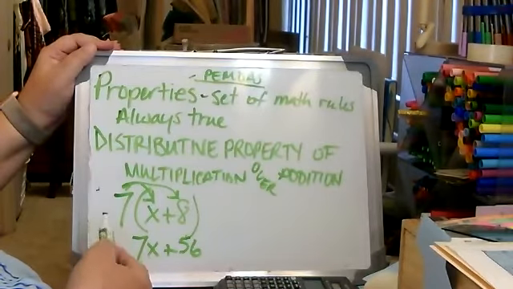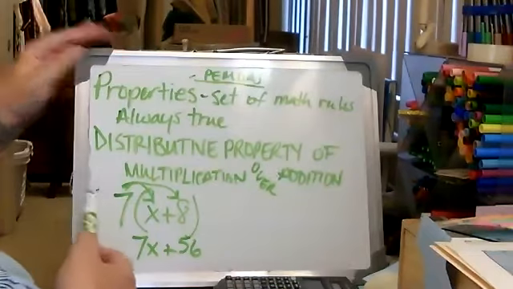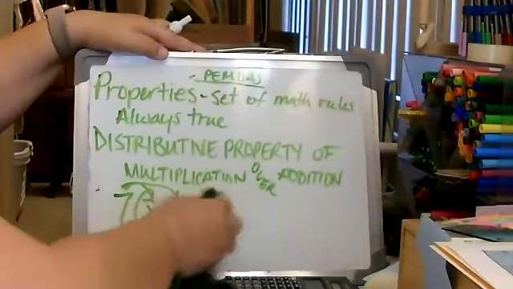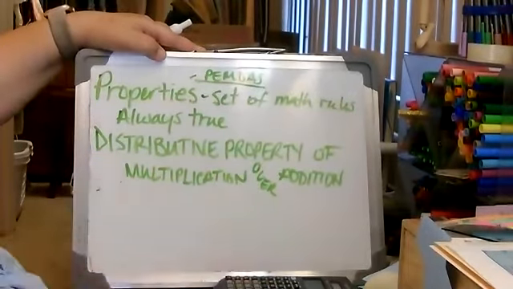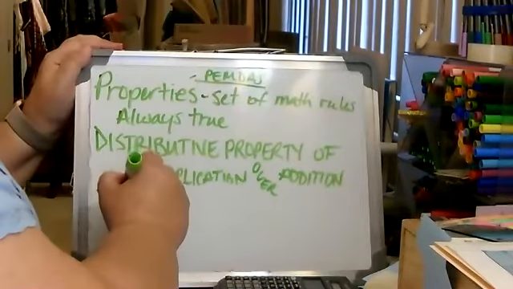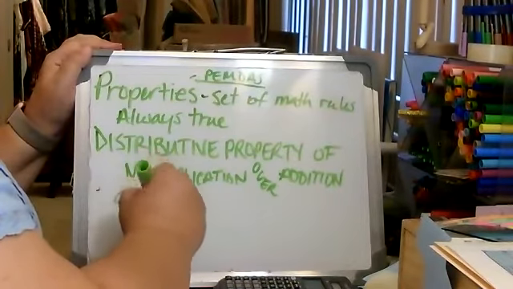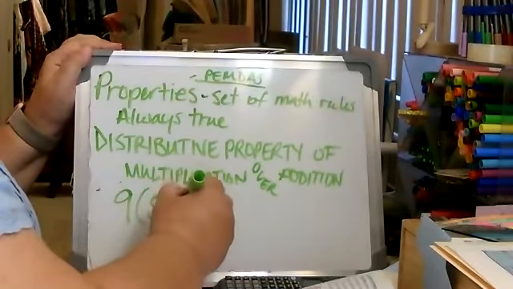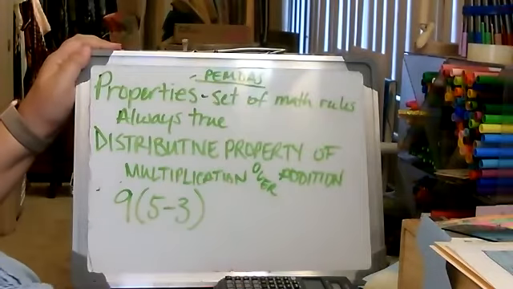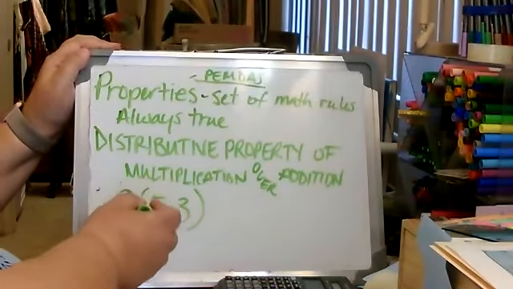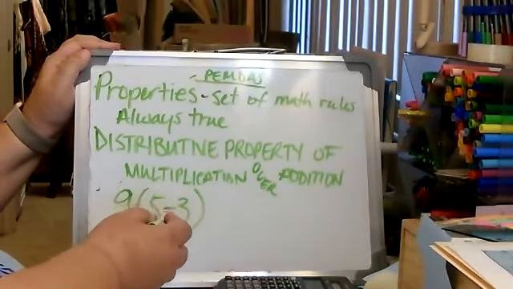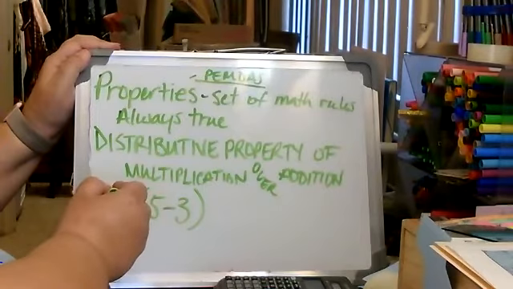Now, the same thing is actually true with subtraction. So let's say we have 9 times 5 minus 3. If we were just to work this out, it would be 5 minus 3, which is 2, times 9, which is 18.